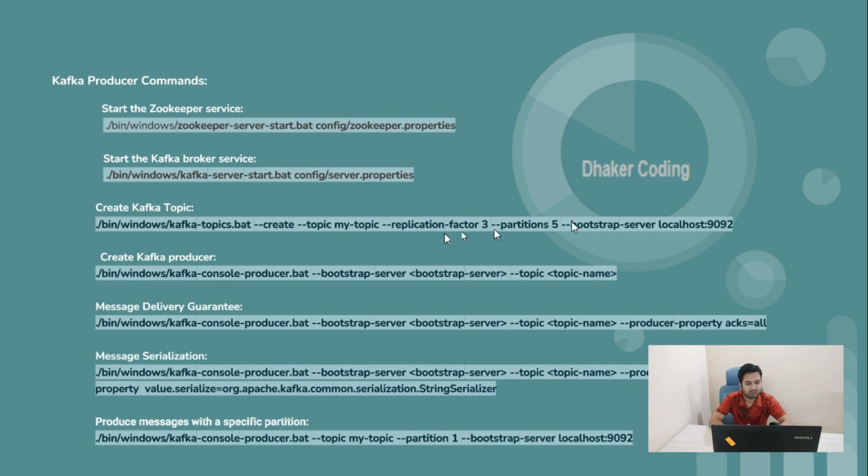Then, in which broker or which server do I want to create this topic? Here in the bootstrap server we will give that broker list. If we have multiple servers, we can give the servers list as a comma separated list.